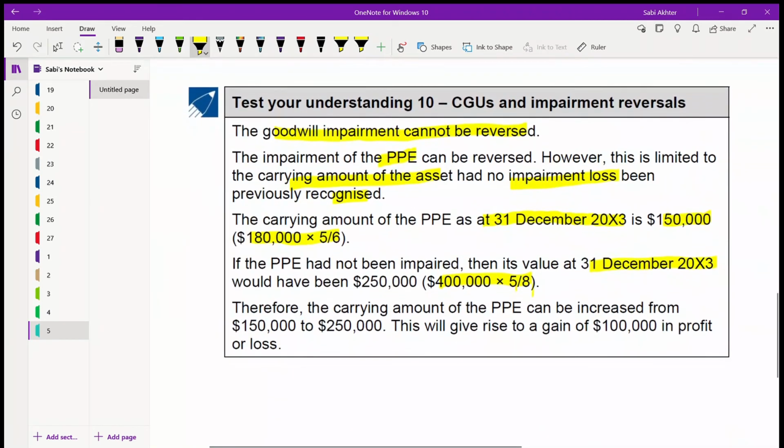Only the reversal will not happen, but originally when not impaired, this would be 250,000. Therefore, the carrying amount of the PPE was 250 and this is 150. So the carrying amount of the PPE can be increased from 150 to 250. This will give rise to a gain of 100,000 in profit or loss.